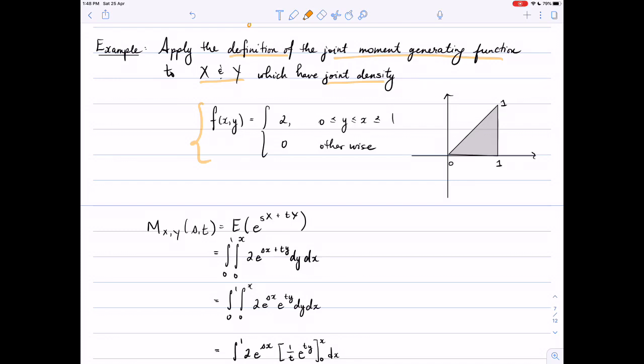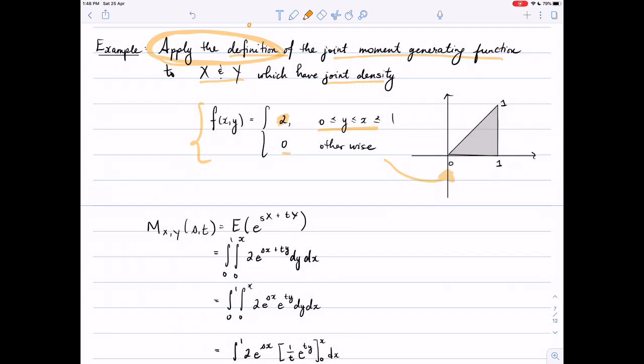I don't say calculate the joint moment generating function. I say apply the definition, and we're going to see why when we get to the end of the example. So here is the density. It's 2 on this support, which turns out to be that triangle right there, and 0 otherwise.